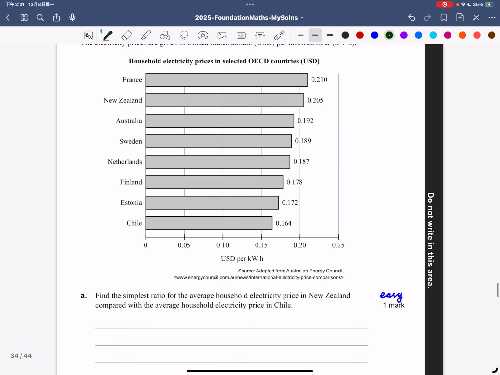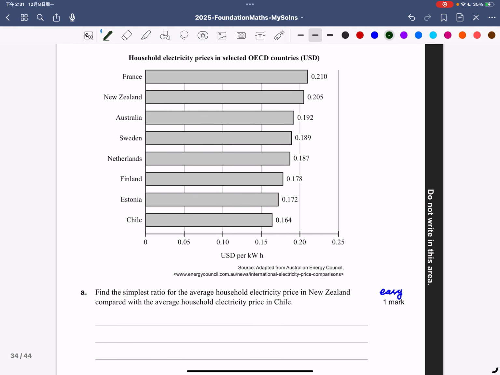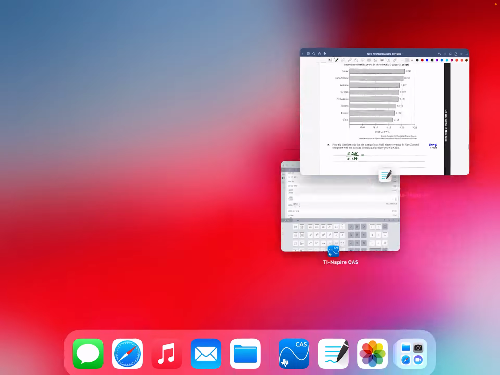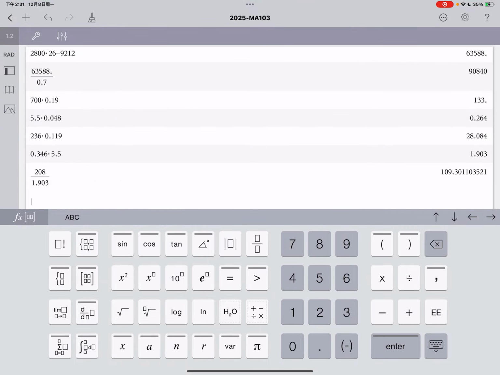Okay, so New Zealand is 0.205 divided by Chile. The price is 0.164. If you have a scientific calculator, I believe most scientific calculators are able to do the division, like 0.205 divided by 0.164.